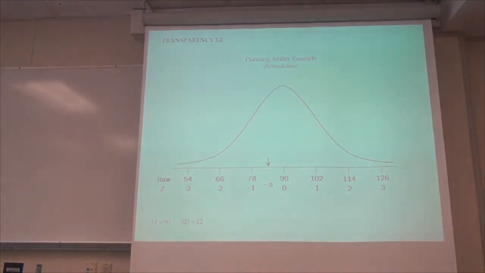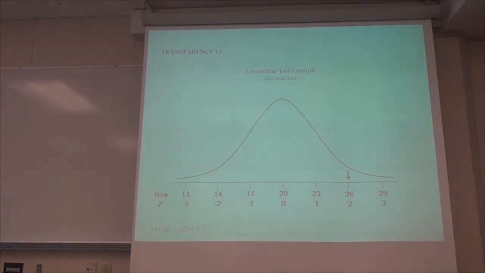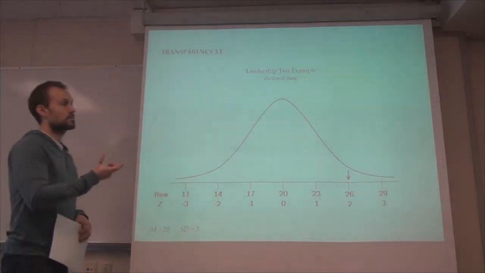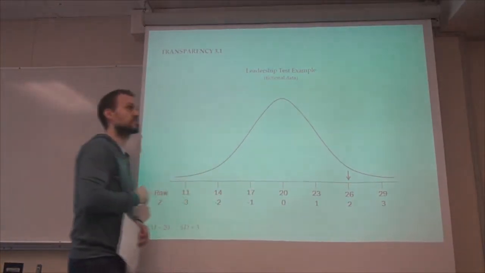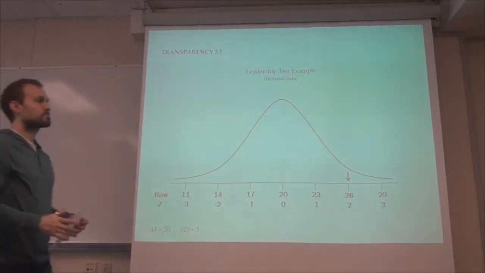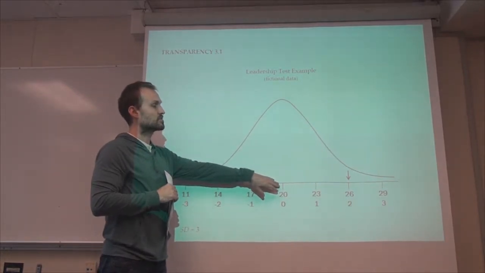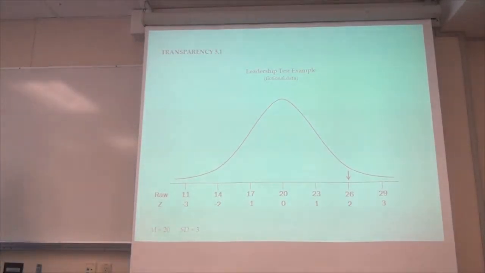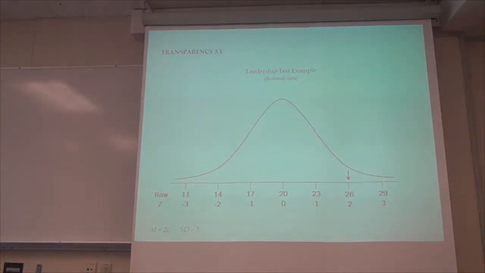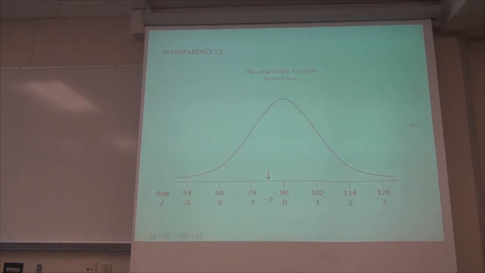Whereas in my previous example, I was dealing with slightly different numbers, and there the difference was 6 from 20 to 26. So still a 6 difference. But the 26 score was much further away when I measure it in standard deviation steps. So it's not just the number and the mean, but the standard deviation gives me a way to measure distance from the mean.